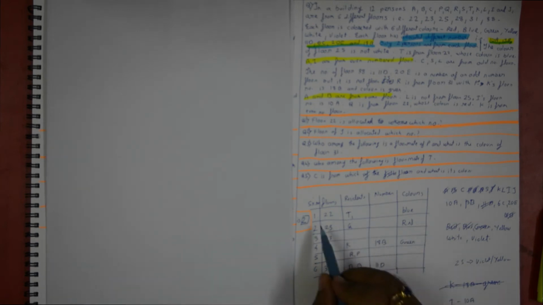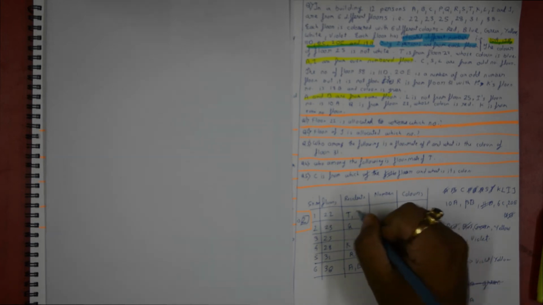So I can go in. The two options for I are 22 and 28, but I also has a floor number of 10A. So it will go with T over here with 10A. This solves one of our most important questions. Now let's see who is left. C, S and L are from odd number floors. Wait a minute, I forgot to chop off I. Let's do that first and chop off this statement.